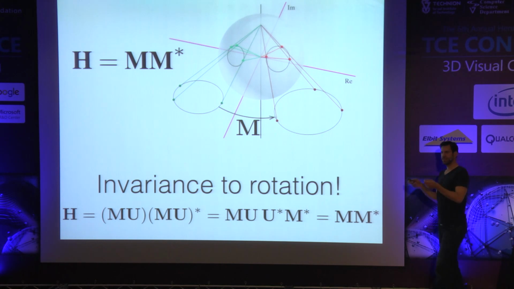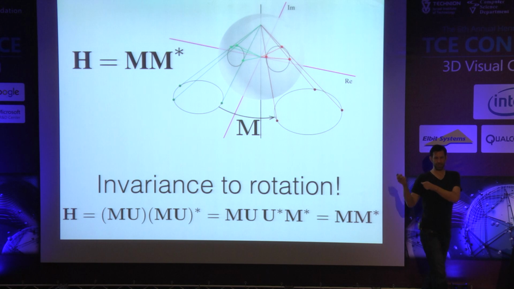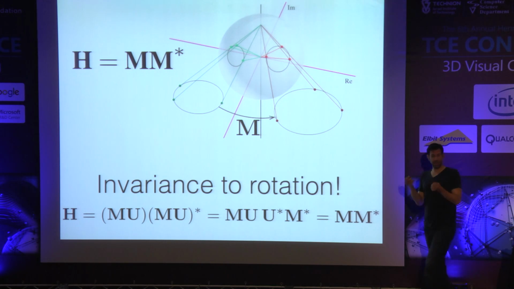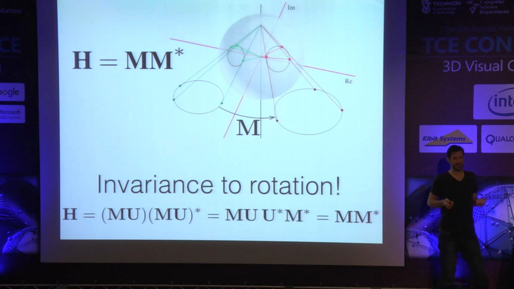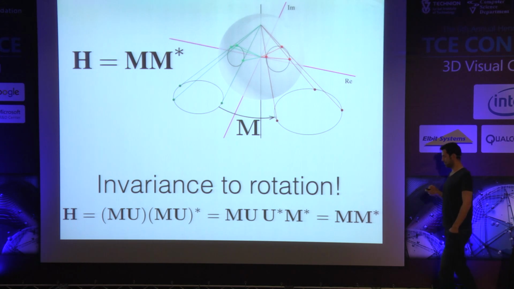So what does this mean? I can take my transformation M, I can compose it with any rotation, but the rotation doesn't appear in my matrix H. Right? So this matrix H is independent of any rotation that's inside this Möbius transformation M. So this is the right thing to do.